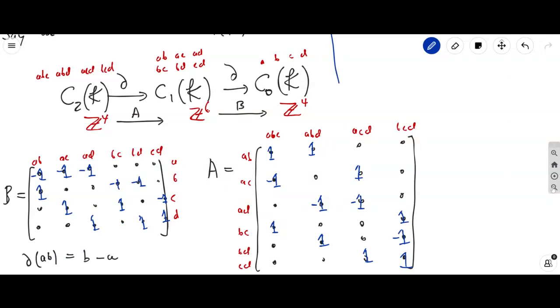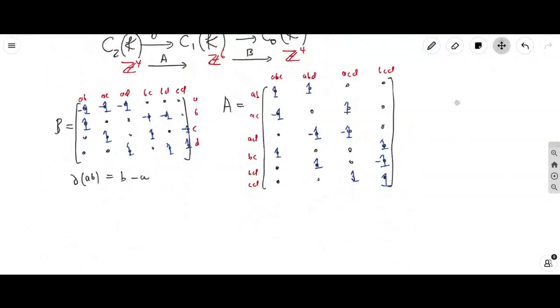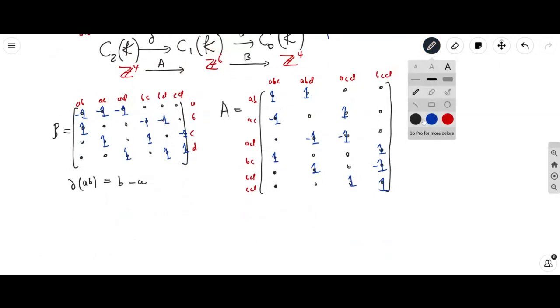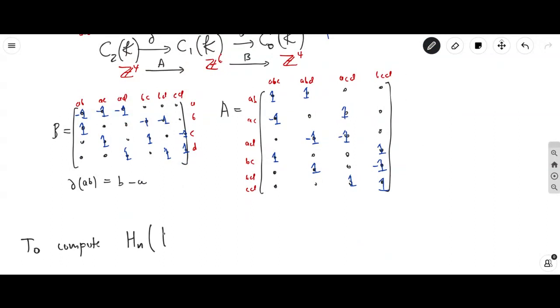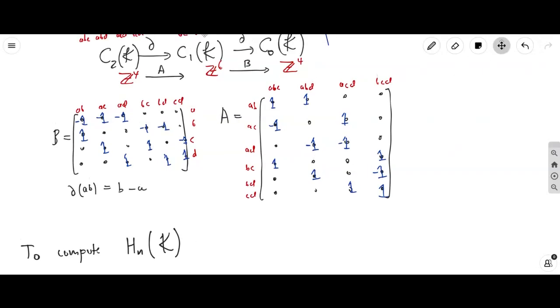And to compute the homology group of this complex, you should see that this is fairly tedious because you have fairly large calculations to do.